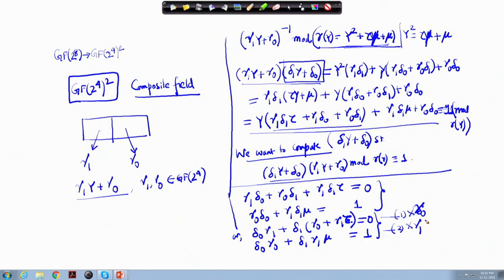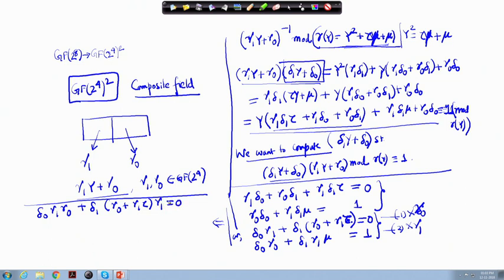So if I do this, I get delta 0 gamma 1 gamma 0 plus delta 1 times gamma 0 plus gamma 1 tau, multiplied with gamma 0, and that is equal to 0.